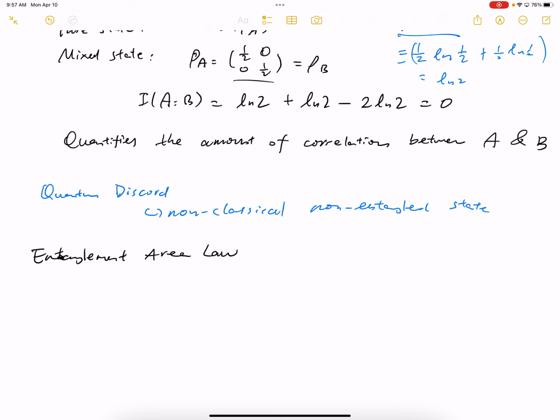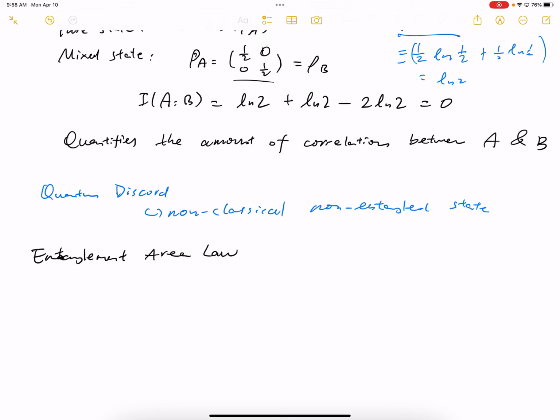I think it was only discovered less than 20 years ago, but it's a very important concept now. Everybody knows it. It basically shows that for most physical states, the amount of entanglement is actually not that much. That's the short way to say it. You don't expect every particle to be entangled with every other particle. You only expect the particles to entangle with their neighbors.